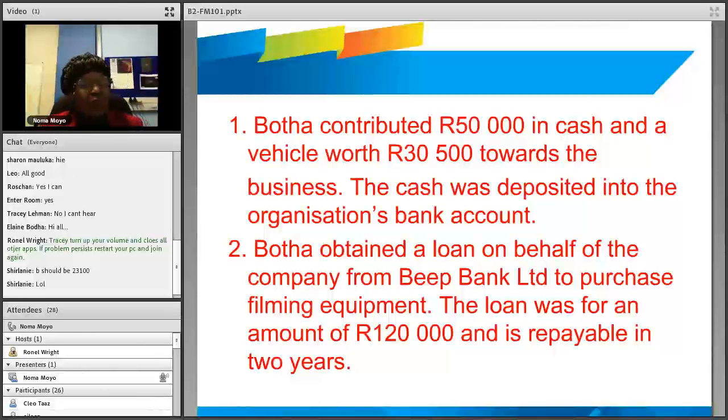Capital should not always be in cash. It can be in cash or it can be an asset. In this case, we are going to debit cash with 50,000 and credit capital with 50,000, debit vehicle with 30,500 and credit capital with 30,500.